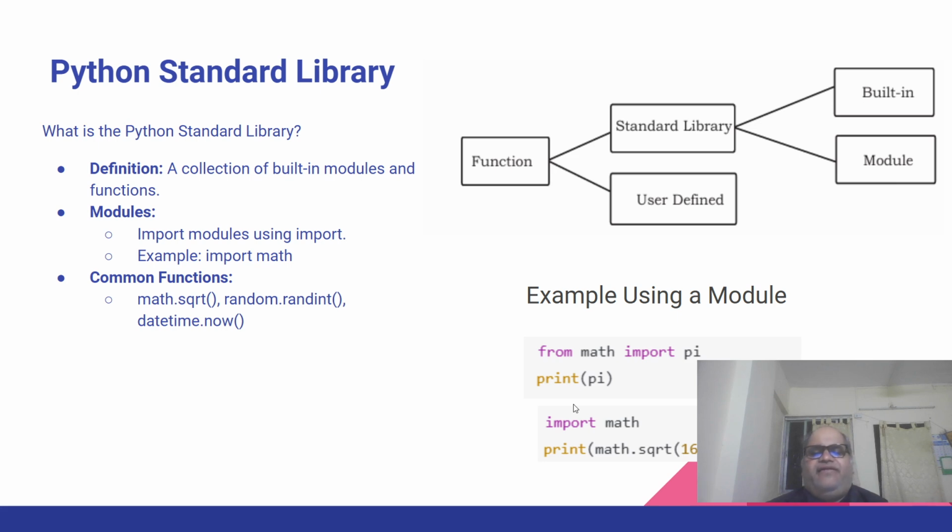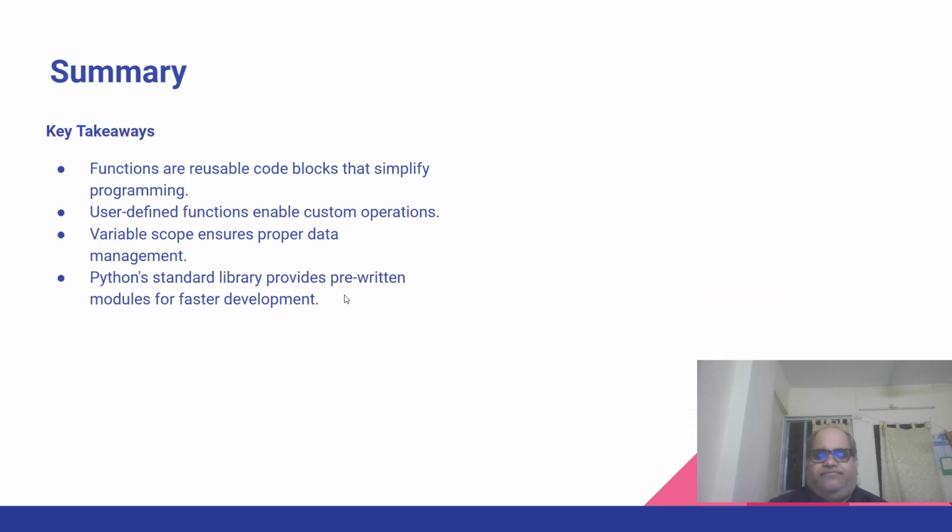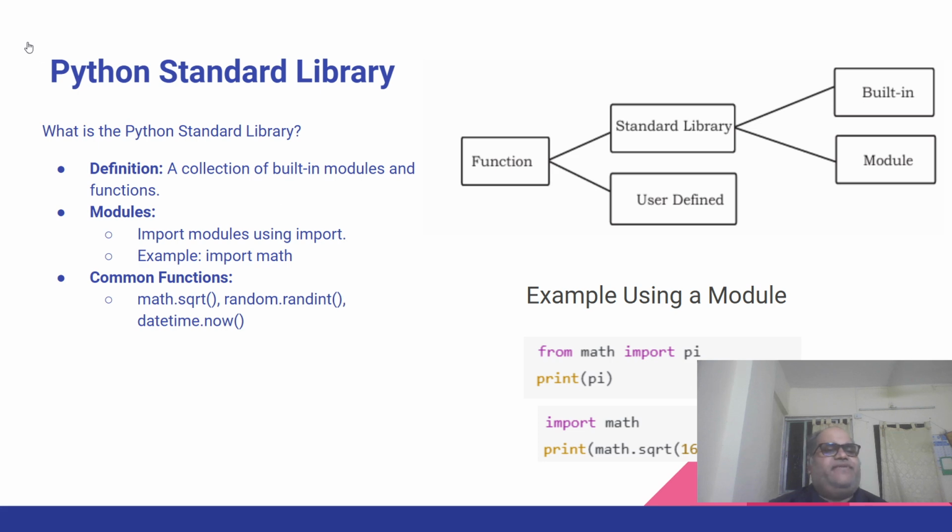random.randint, and whenever you are using a particular built-in library, you have to use it with an import, right? So for example, import math, right? And if you want to import only a specific function from there, you can say from math import pi, right?